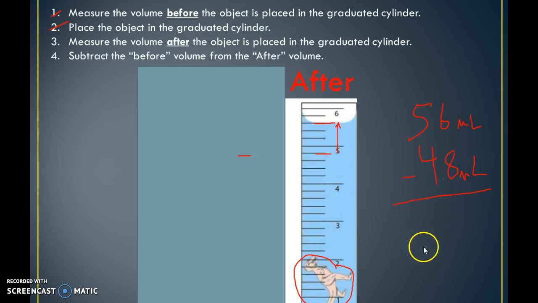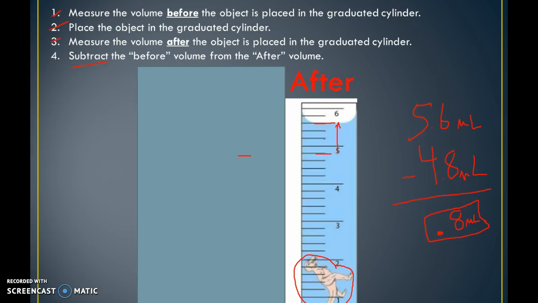And if I do my subtraction, I would find out that there is 0.8 milliliters. So the volume of this dinosaur is 0.8 milliliters. And that is how you find the volume of an irregularly shaped object.